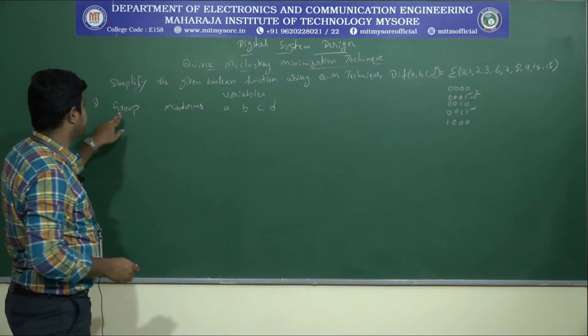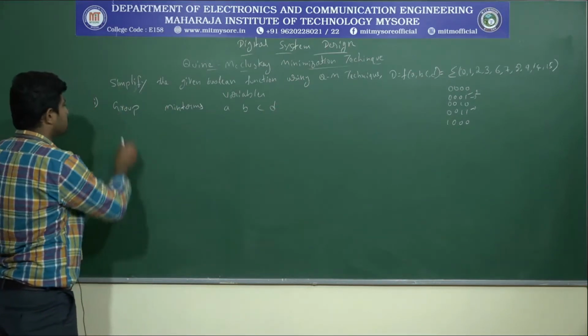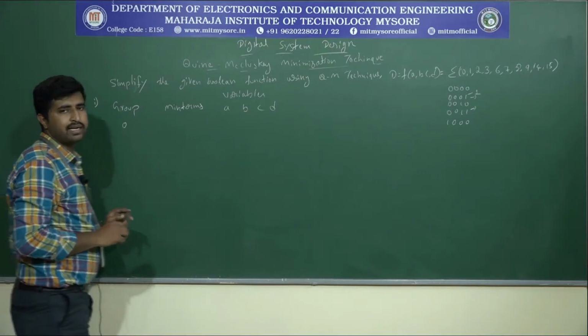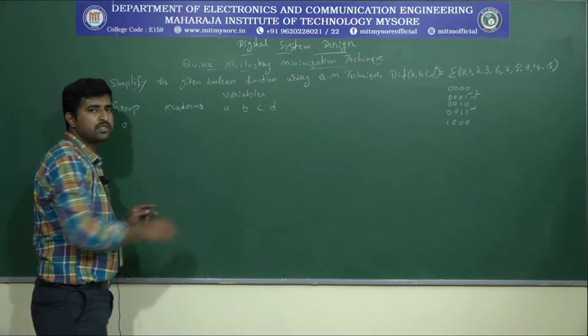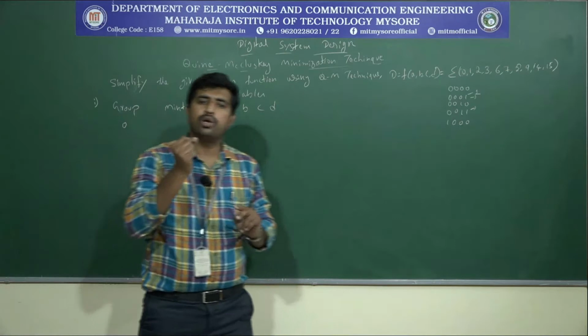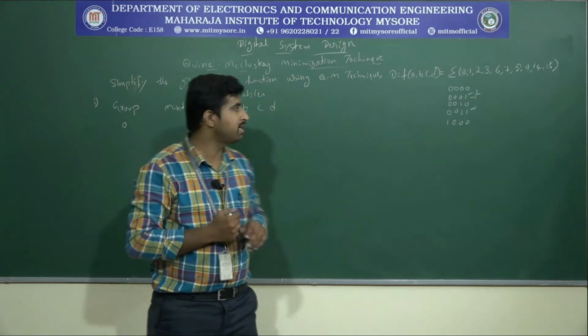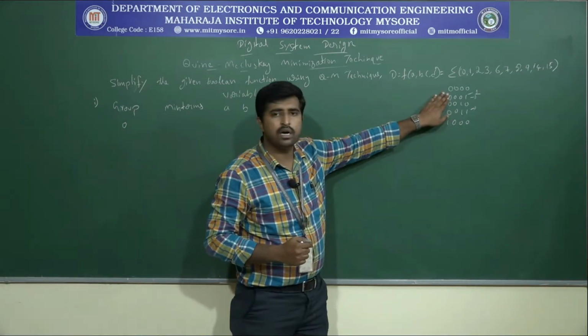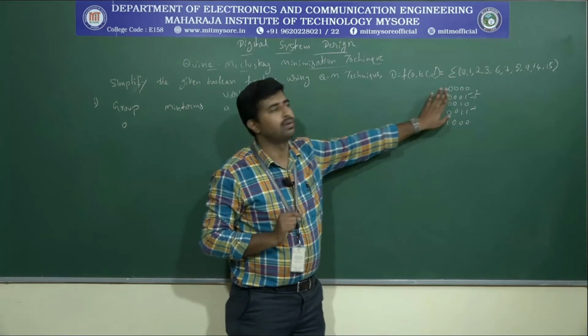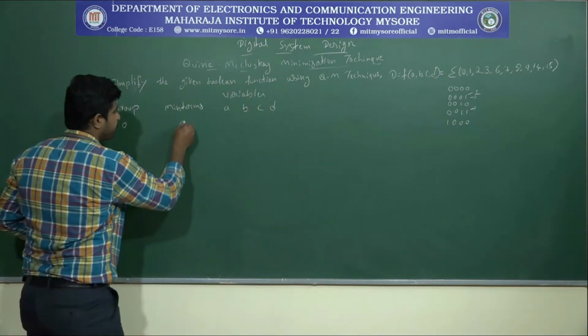So let's see that. Group 0, I will write. This consists of the minterms with 0 ones actually. The minterm with 0 ones is the minterm 0. Only this minterm is there.